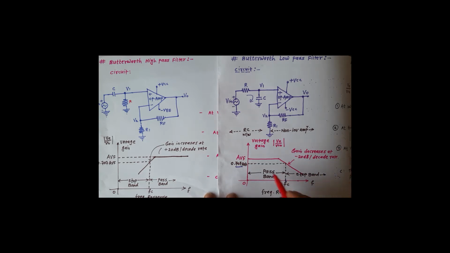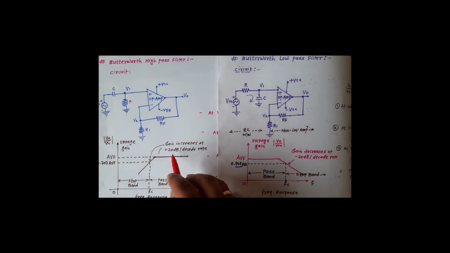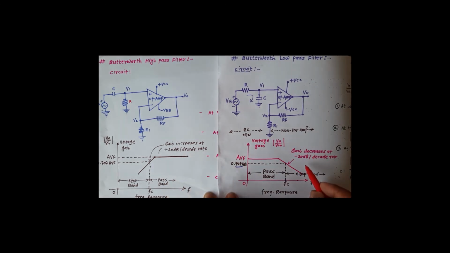I will repeat, the gain is going to decrease when the frequency is going to increase in low pass filter. The gain is going to increase when the frequency is going to increase in the high pass filter. The increasing rate is plus 20 dB per decade and the decreasing rate is minus 20 dB per decade, right? So this is the comparison between the high pass filter and low pass filter.